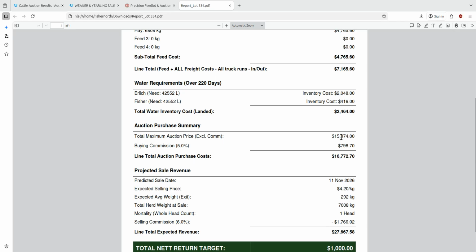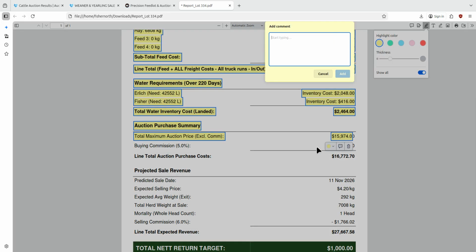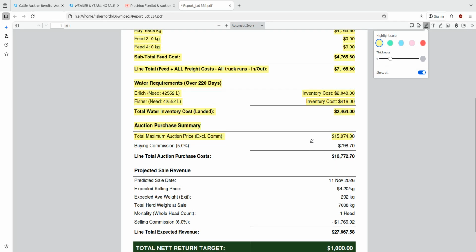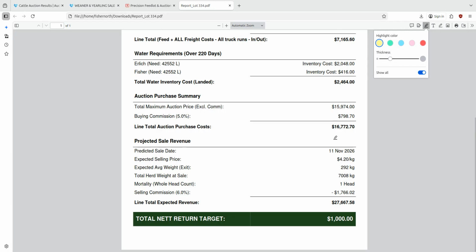Total maximum auction price for buying the cattle is 16 grand. What happened there? I don't know. And then line total purchase cost for the commission that's on top of that, so 16 on just under 17 grand.